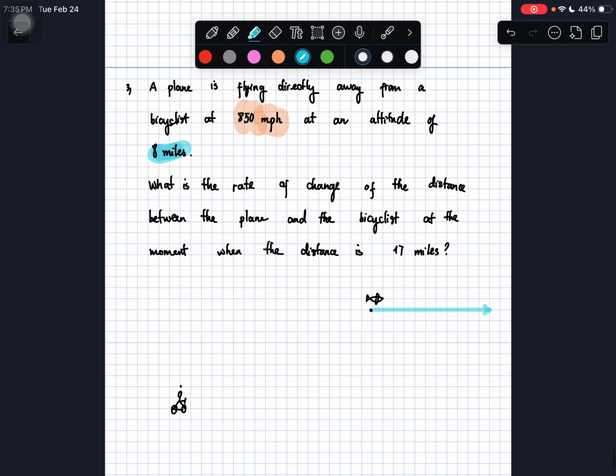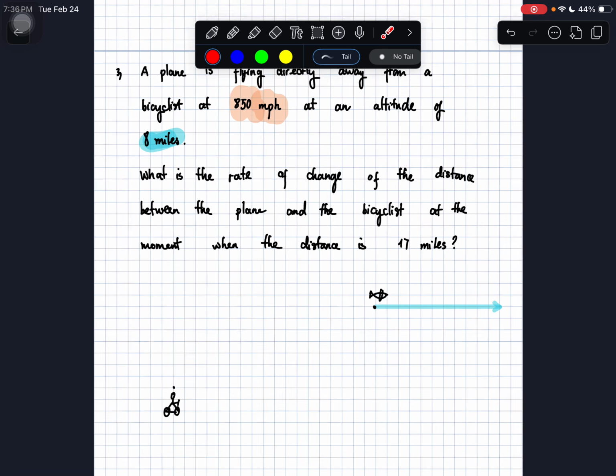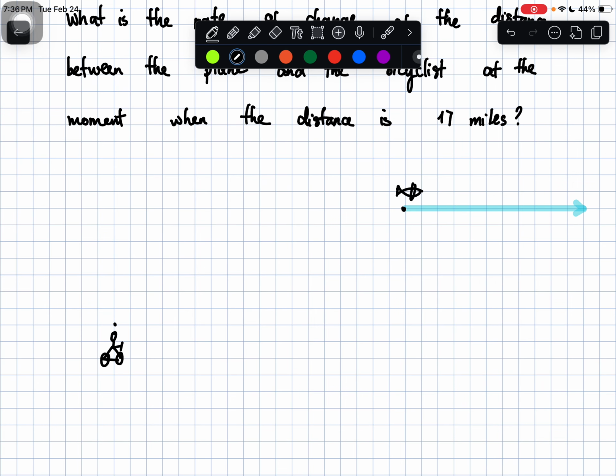So the first thing we know is that the speed of this plane is 850 miles per hour. So let's say we put an axis there. Here's the axis, the ground.